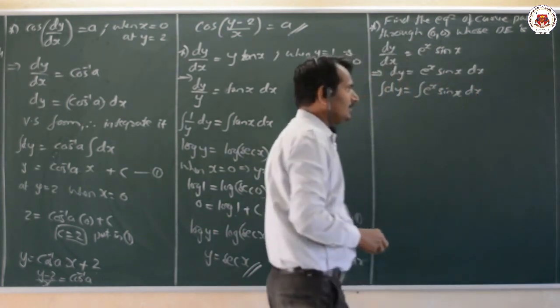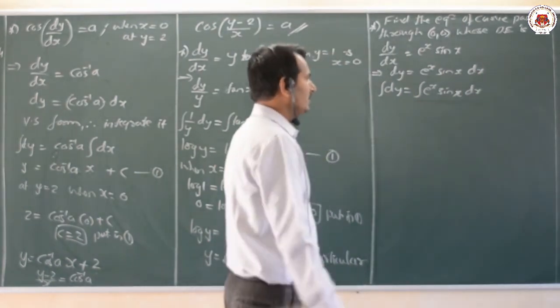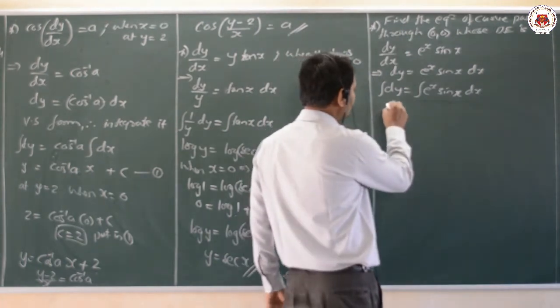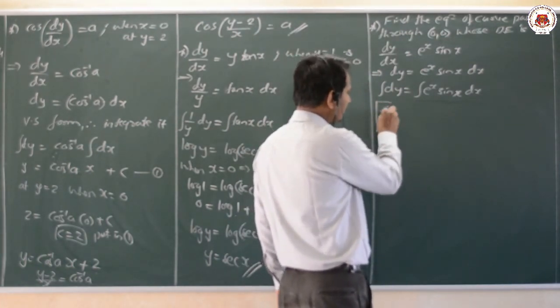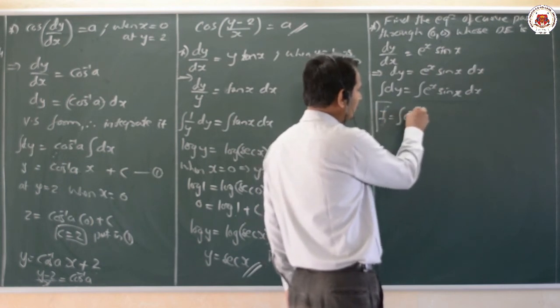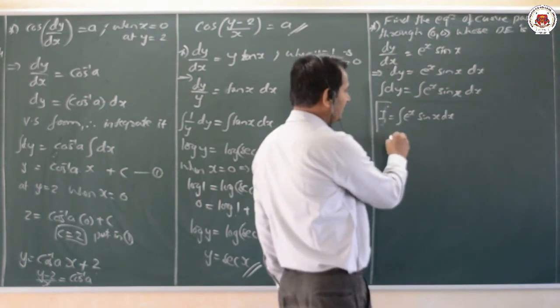Now here I will first find the value of this integral. Let us take I is equal to the integration of e raised to x into sin x dx. Now how do we integrate this term?